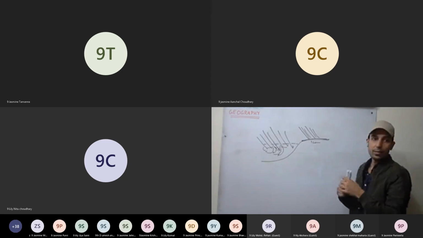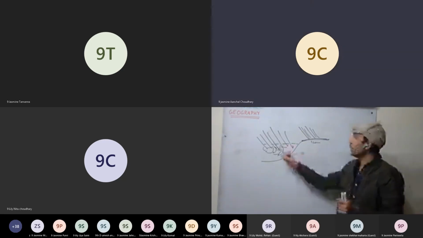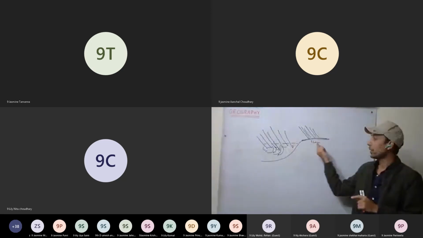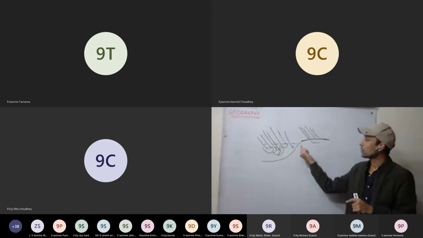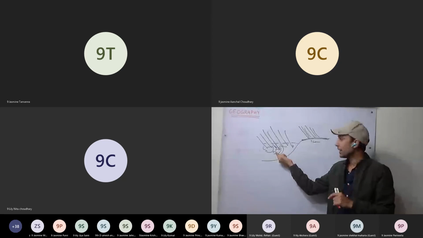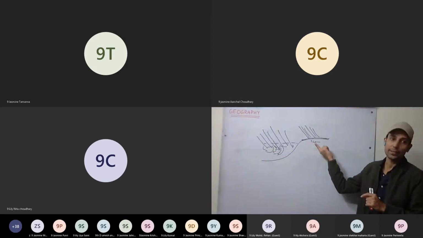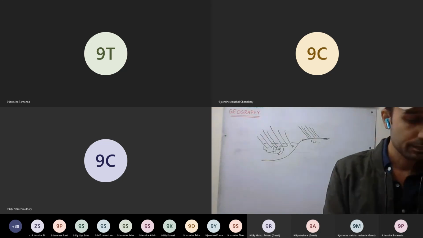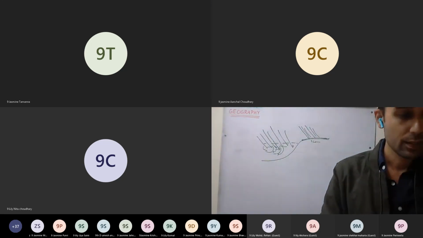Is this clear? So that's why the sea gets heated slowly as compared to land, and it also loses heat very slowly as compared to land. Is this clear? Yes, sir.